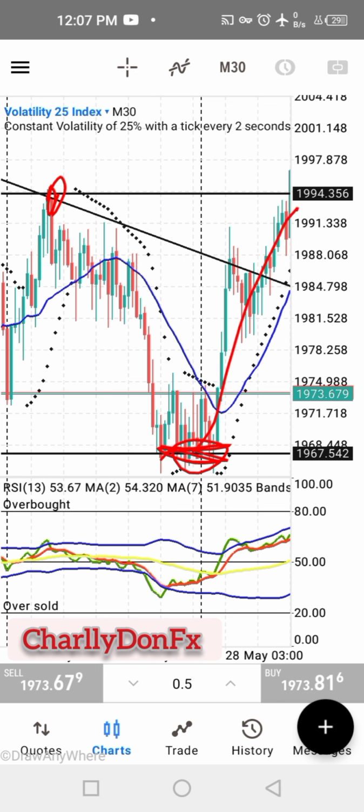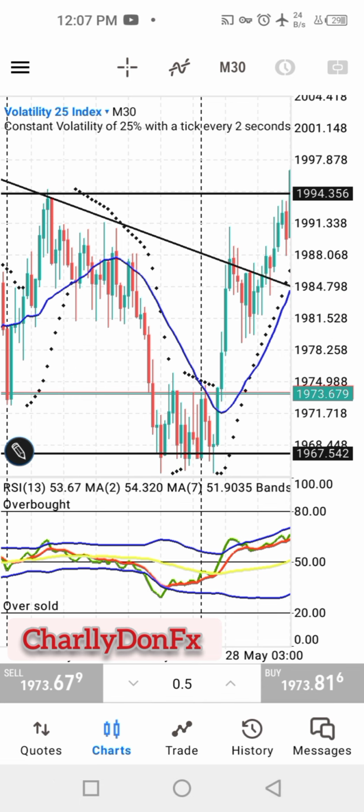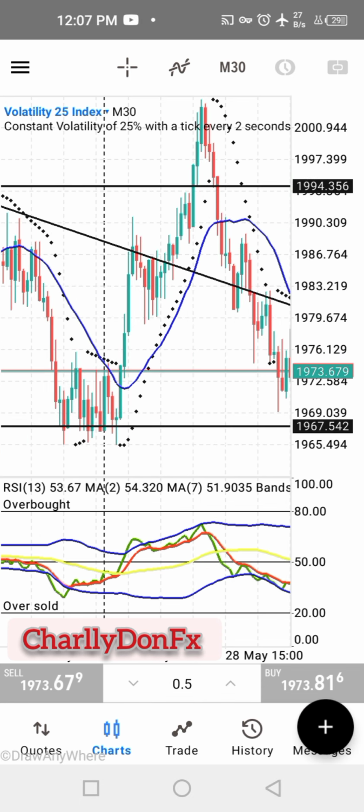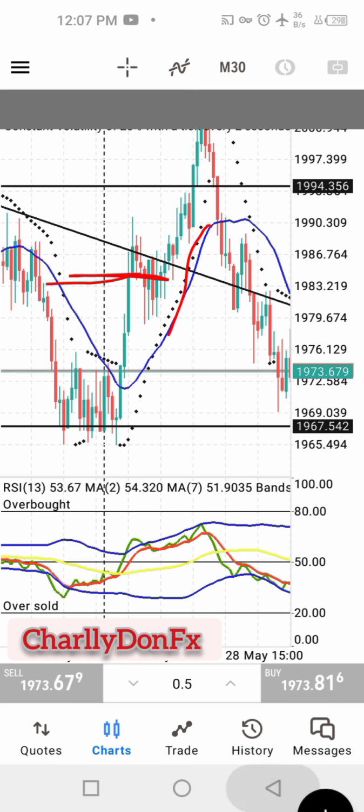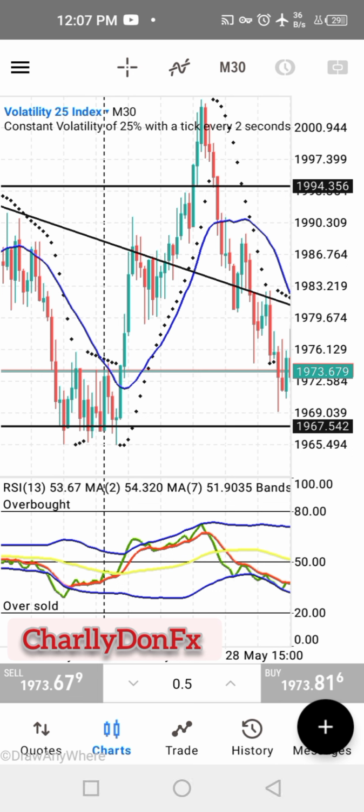So when the price got here yesterday, we expected it to start coming down, but it did not come down. Rather, it went above the high. The black line is the high of the previous day, and it went above the previous day's level and then made its way down.